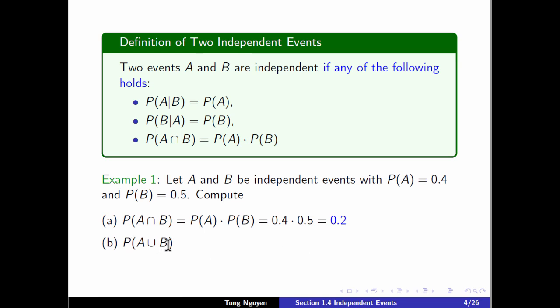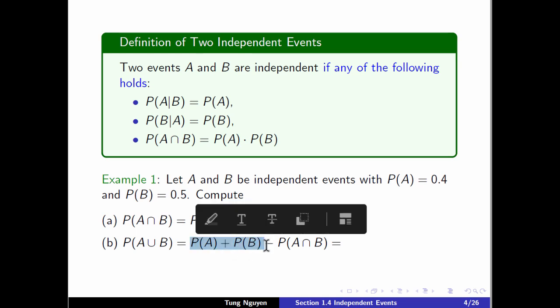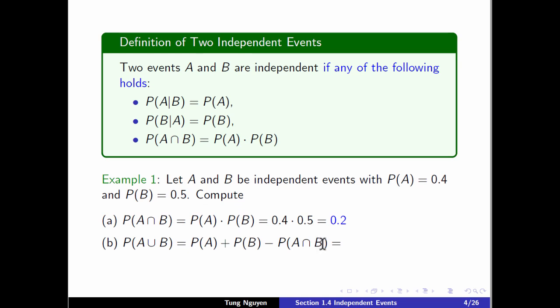Now, how about probability of A union B? That means either A occurs or B occurs or both. Then we have the formula. The probability of the union is the probability of A plus probability of B, minus the probability of the intersection.